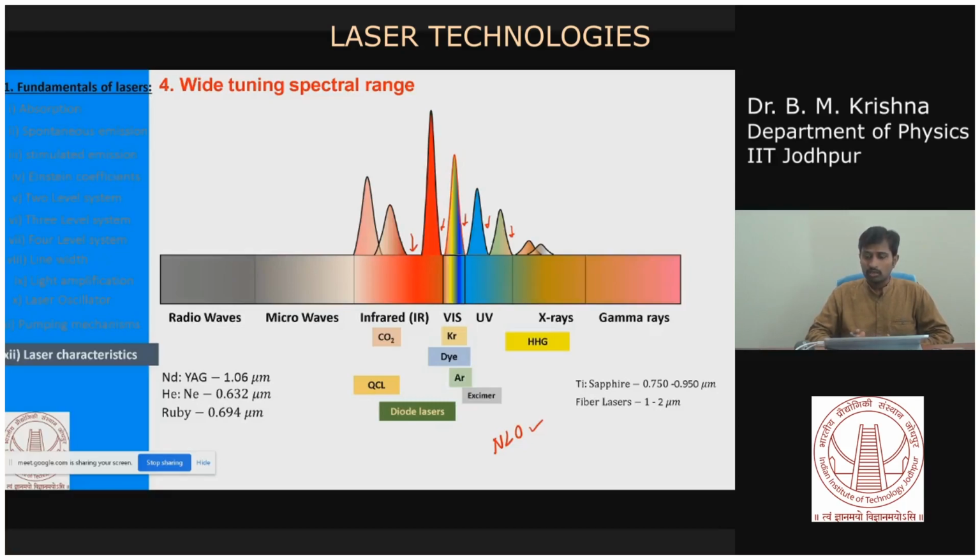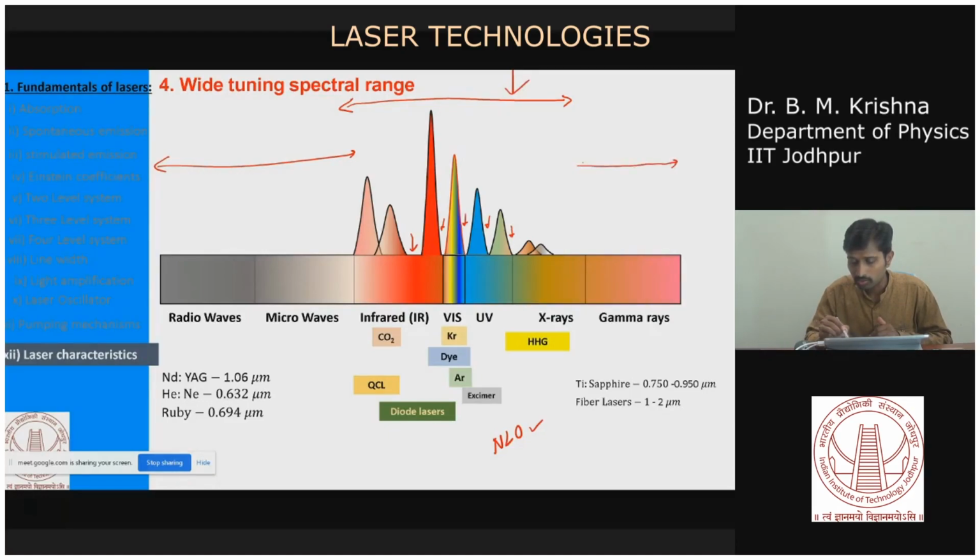So currently with these technologies, you can create all this spectral coverage without a gap. With the masers you can cover this region, with the lasers you can cover this region, and this region, still with the lasers, with the stimulated emission of radiation, is not available so far, but we keep continuing.